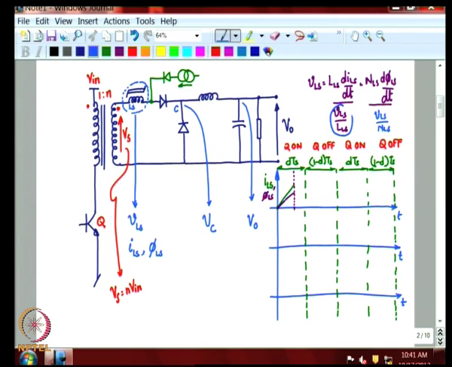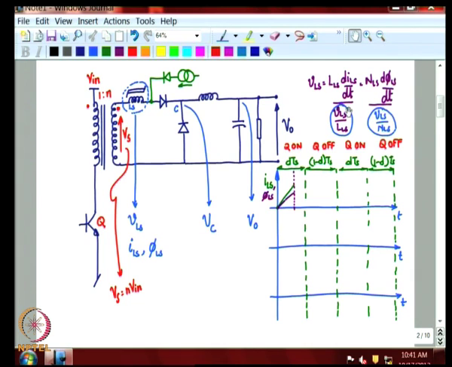So, these two rates are the ones which dictate the slope. VLS by LLS dictates the slope of ILS, and VLS by NLS dictates the slope of the flux within the core.